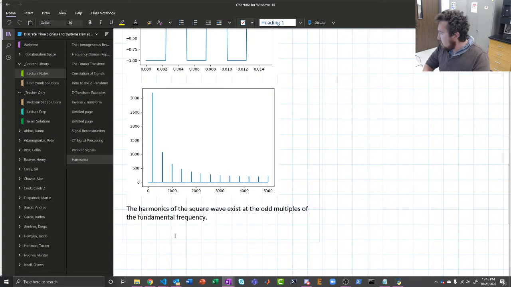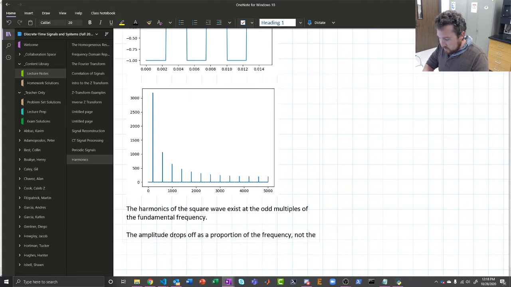So the amplitude drops off as a proportion of the frequency, not the frequency squared.